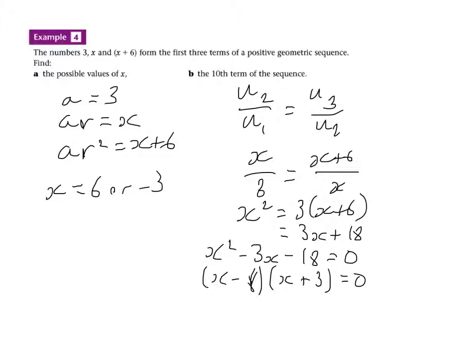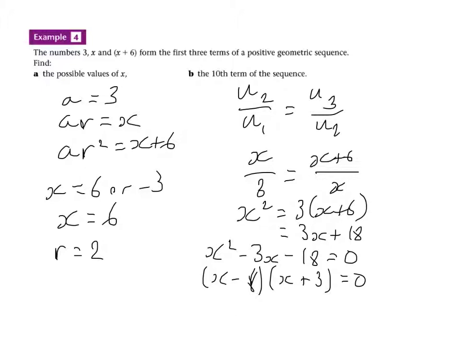But because the question says a positive geometric sequence, the second term cannot be negative, so in fact the solution has to be x equals 6. Now at this point we can also see that if it goes 3, 6, then the common ratio is 2.